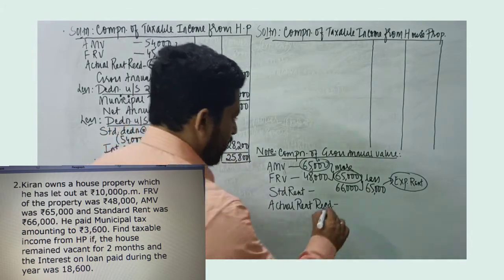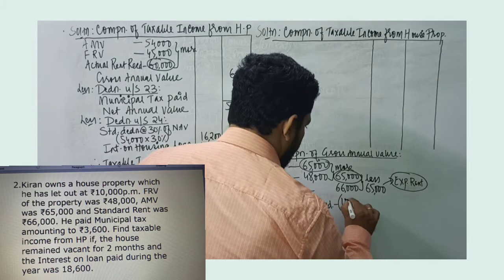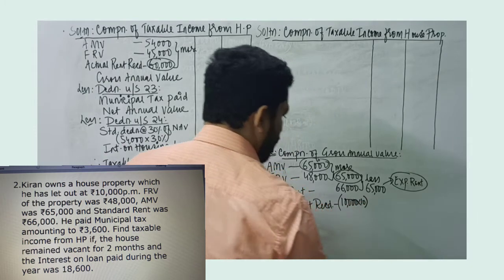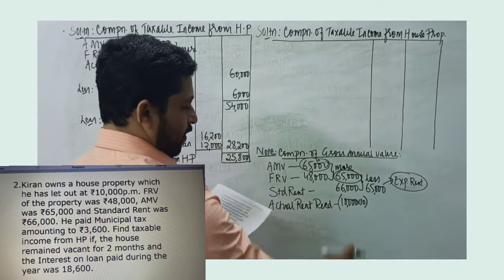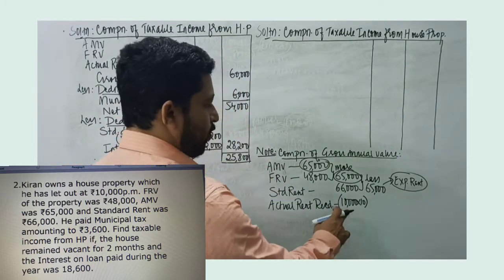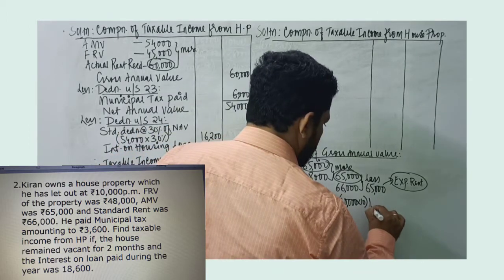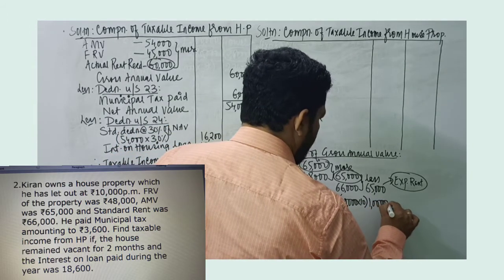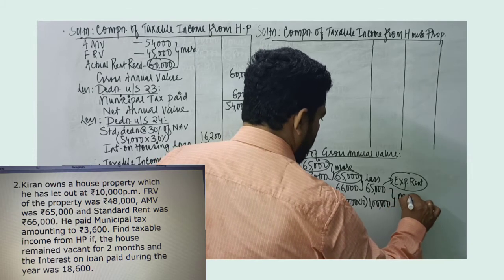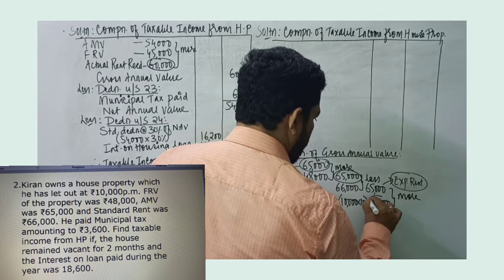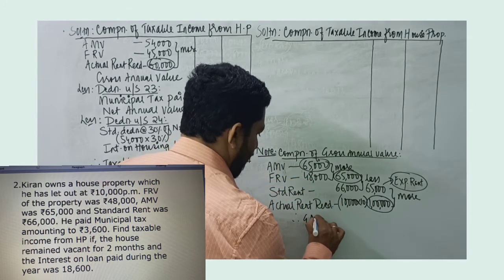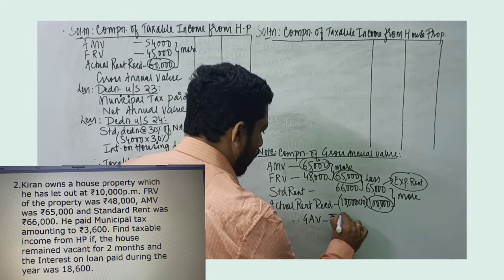That means it was let out only for 10 months, so 10,000 into 10 works out to 1 lakh rupees. Comparing the two, whichever is more, I see 1 lakh rupees. Therefore, gross annual value will be rupees 1 lakh.